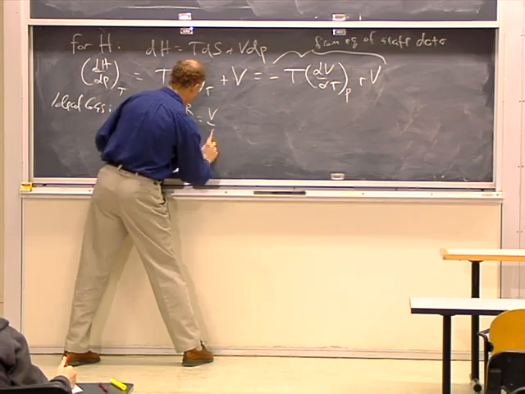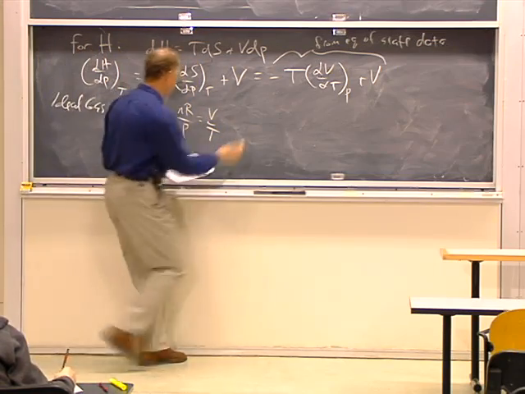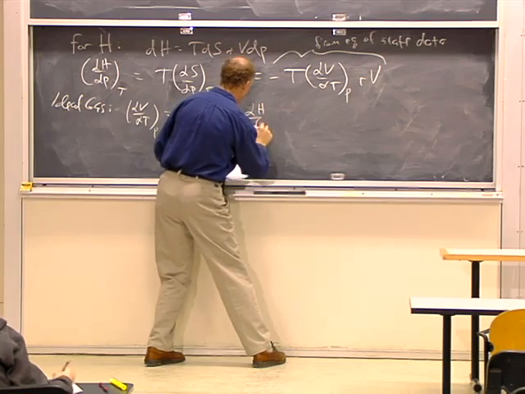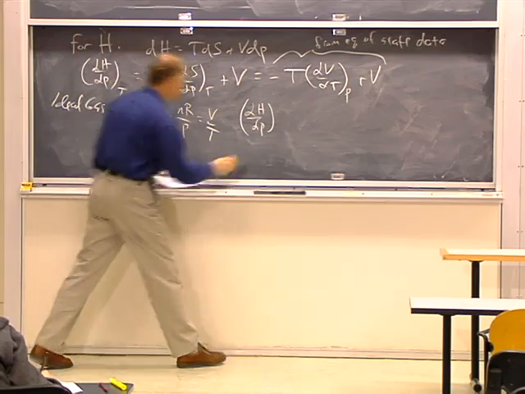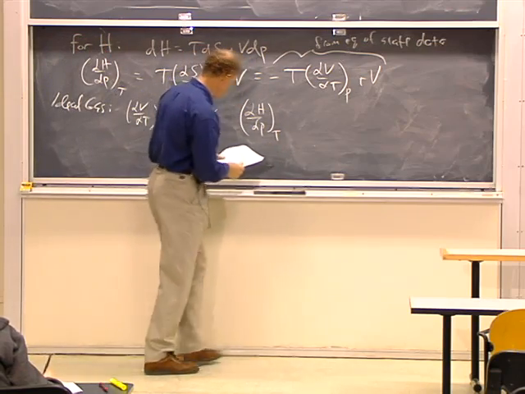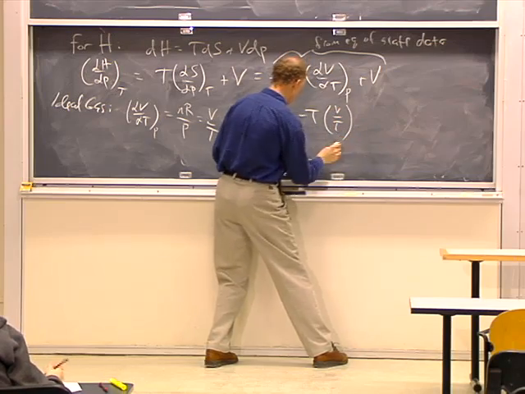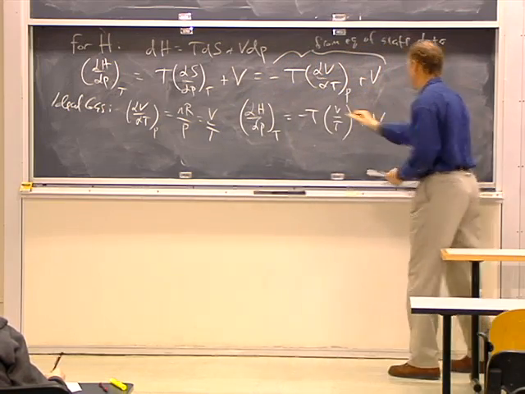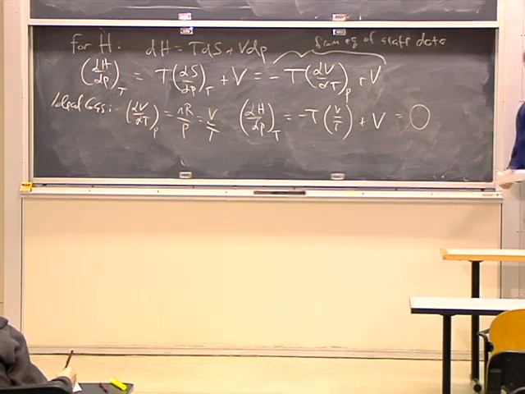It's just equal to V over T, right? And so dH/dP under our condition of constant temperature is just minus T times V over T plus V. Everything cancels, and that's 0.